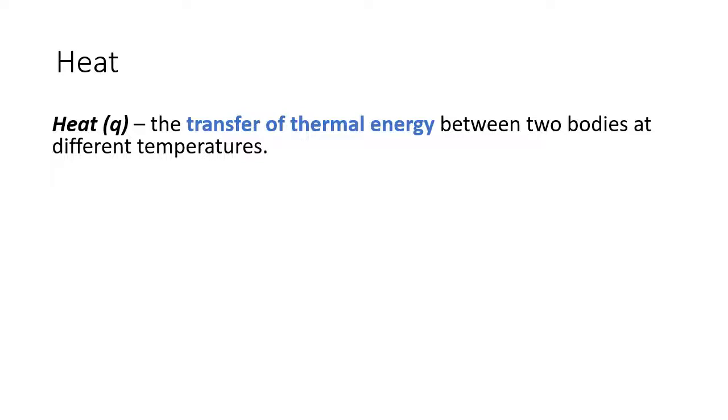The last thing we need to differentiate between is heat. We said the symbol for heat is lowercase q. Heat describes the transfer of thermal energy between two bodies that are at different temperatures. Some people will say the word heat flow, but the word heat is already implying the flow or the transfer.